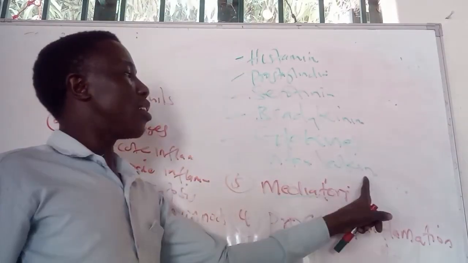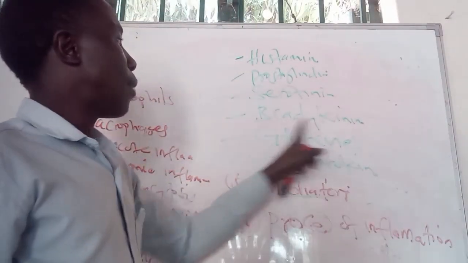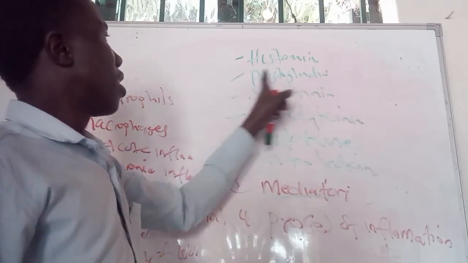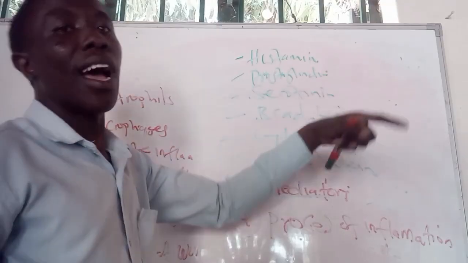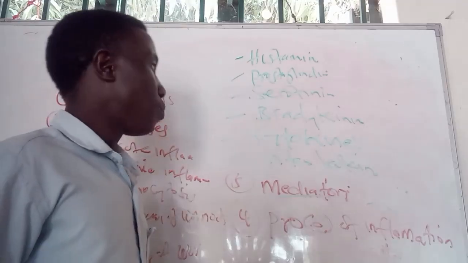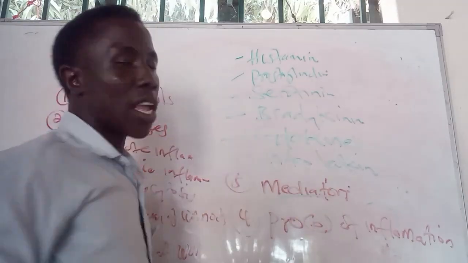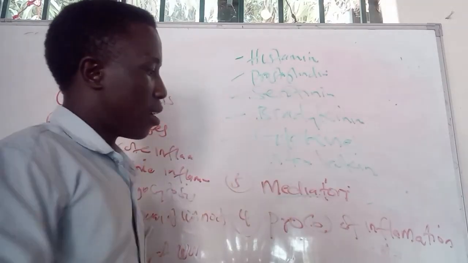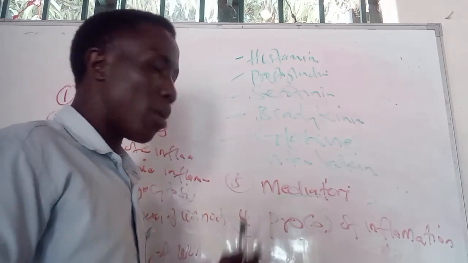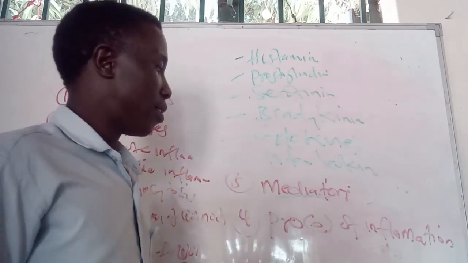So you've got the interleukins, the cytokines, the bradykinins, serotonin, prostaglandins, histamine, and many others. These are the inflammatory mediators that help the inflammatory response to take place.